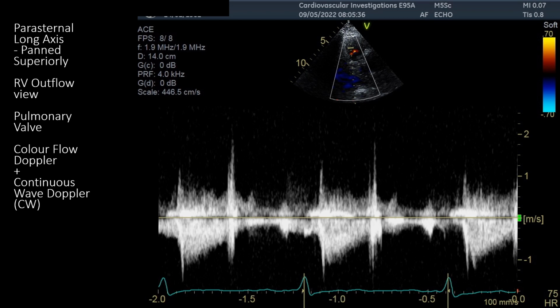So we're now looking with more interest at flow above that baseline back towards the probe and looking for any significant regurgitant jet to signify a more significant pulmonary regurg than the anticipated trivial regurg that was thought to exist based on the color flow Doppler. And there's no signs of any significant regurgitant jet there on the spectral trace either.